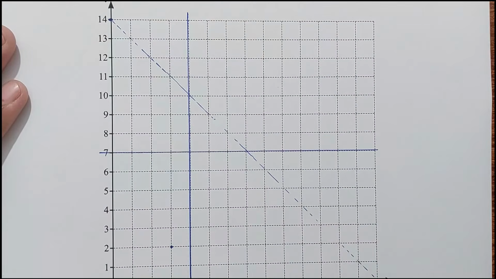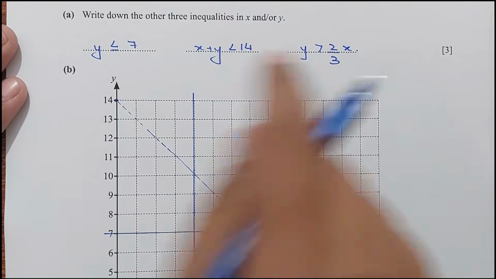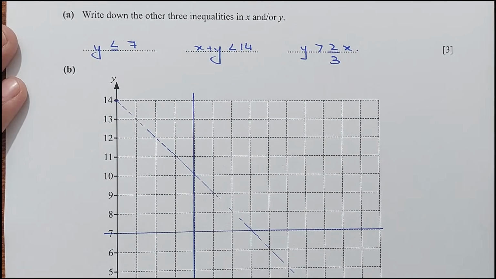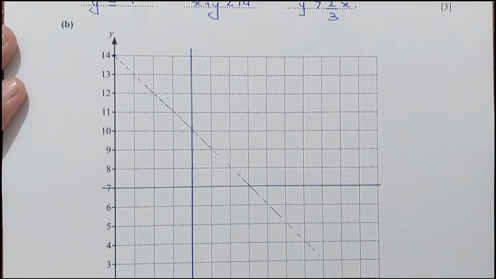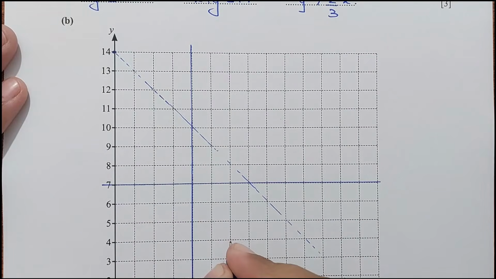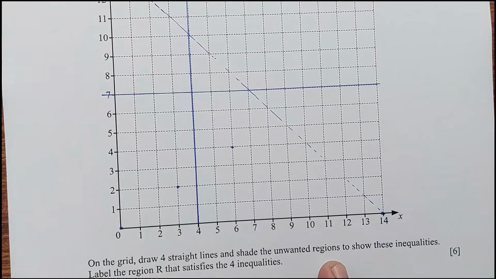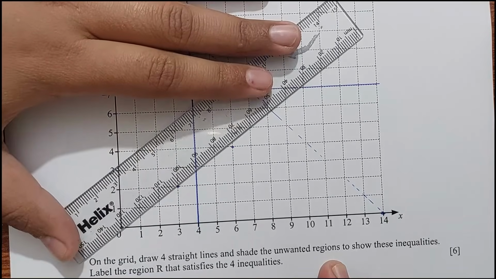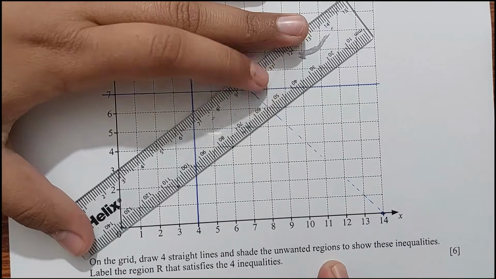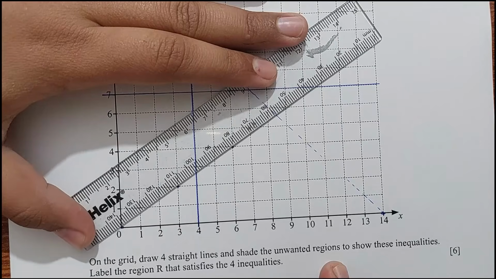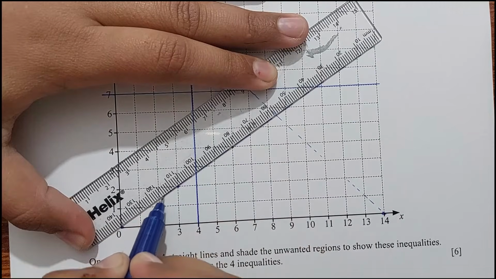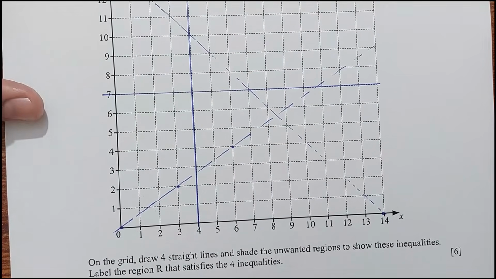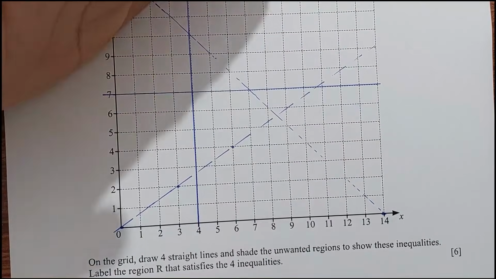This would be easy. When x is 6, 2 by 3 times 6 is 4, so y is 4. Right, so this would be the dotted line again, connecting the points. And it should be more, so this is the more region.